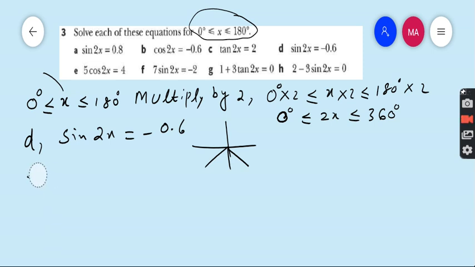So 2x is equals to sine inverse minus 0.6. With the help of calculator, find the value. The answer is minus 36.86.